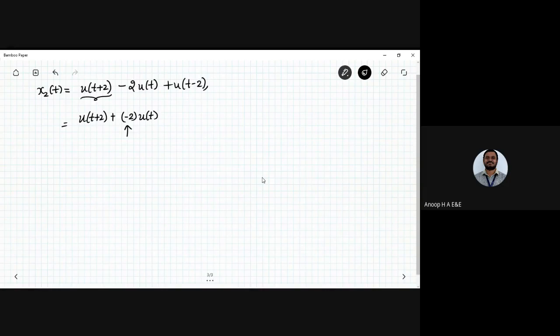This is the amplitude modification. Amplitude modification, or amplitude change, or amplitude reversal, can be the words that I'm going to use here, plus u of t minus 2. This is a delayed signal. This one is said to be the advanced signal.